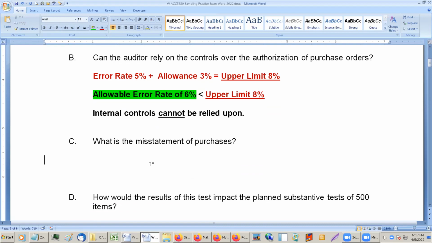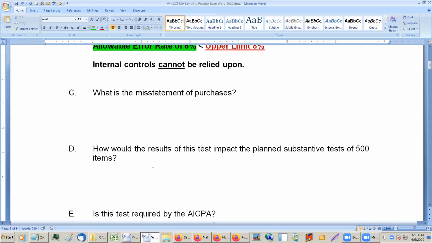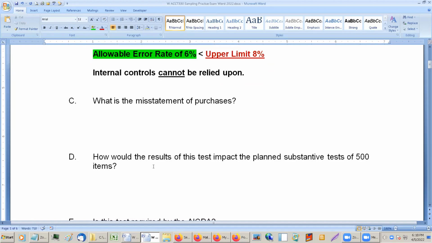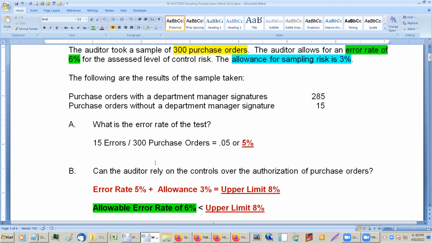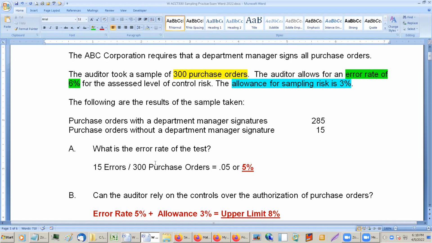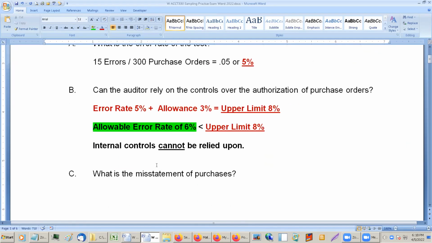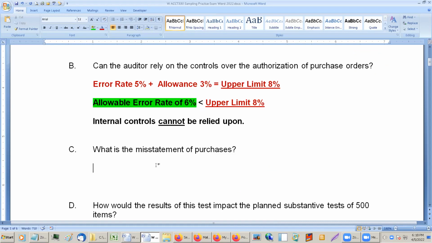And here's a trick question. What is the misstatement of the purchases? How much are they misstated by? That's right, it's unknown, because it might not be misstated at all.